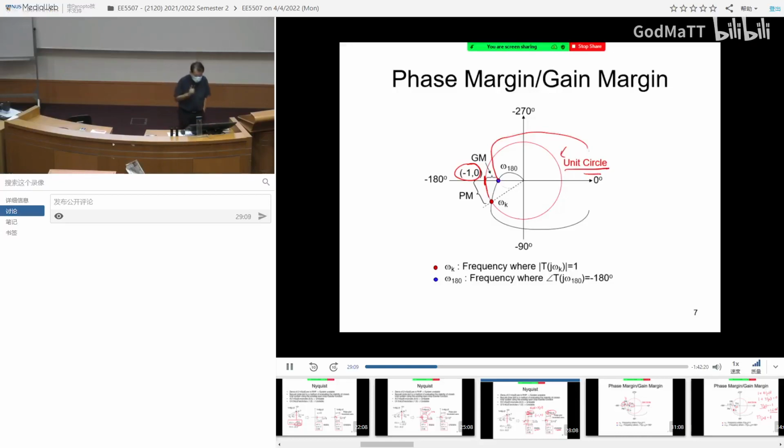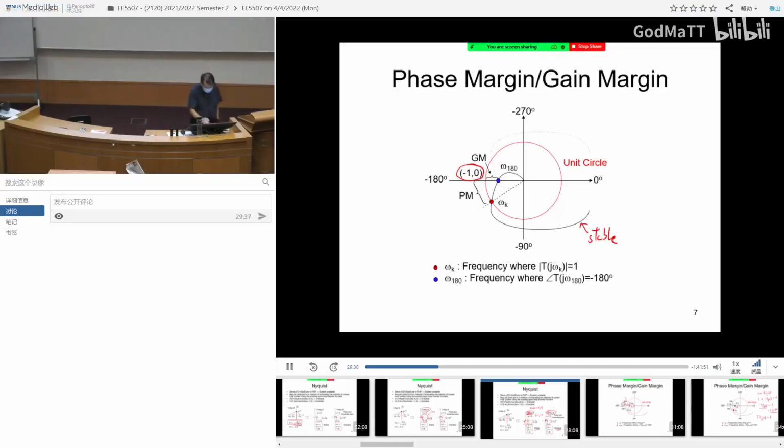Now, since I know this plot is actually stable, this system is stable, Nyquist theorem only tells you whether it's stable or not. But if you want to know how stable it is, there is a way. For example, let's measure how far it is away from this unstable point, minus 1, 0.